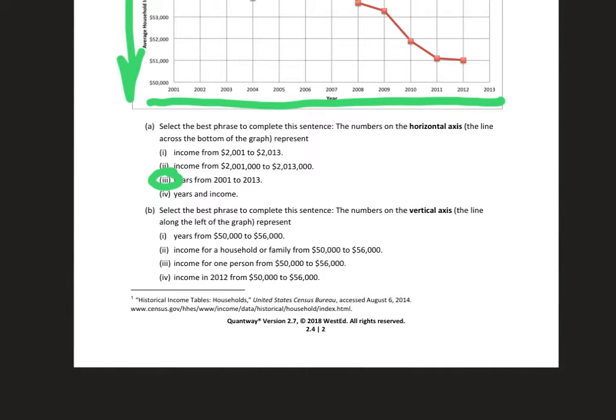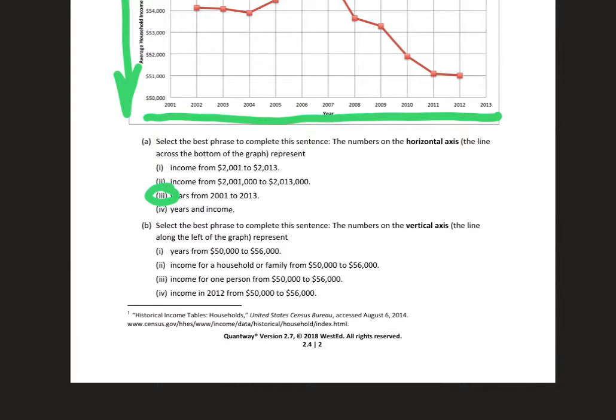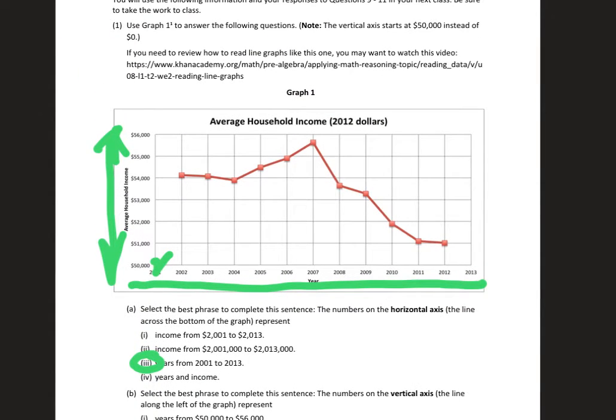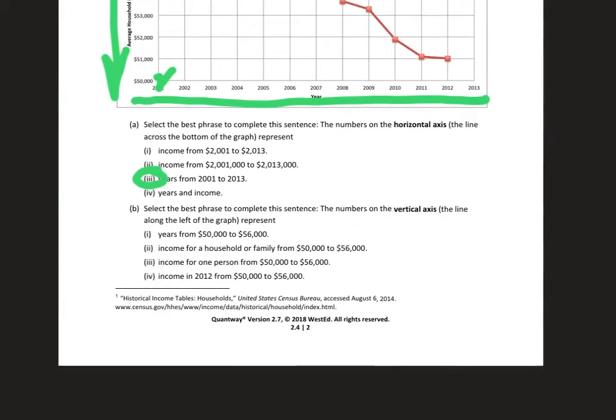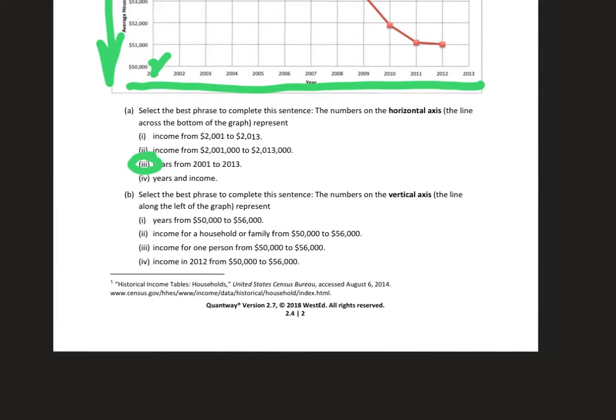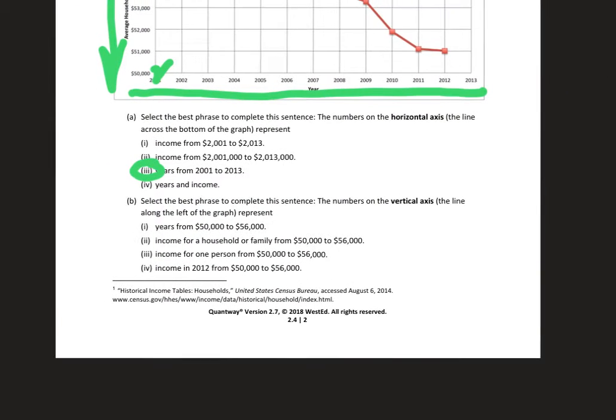Let's see, there's 50,000, and there's 56,000. So it looks like that is the correct one. Okay, what else do we have, though? Might be a possibility. Okay, so let's circle that one.